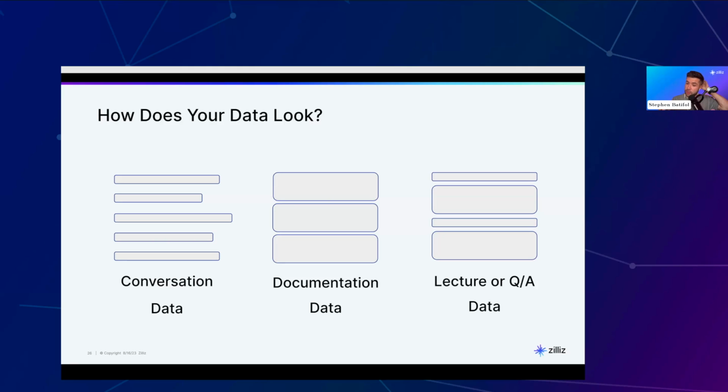Same for lecture or Q&A. If it's Q&A data, you might have at the beginning of the sentence something like "question" and then the actual question, and same for answers. So it would probably be a good idea to have chunks that are divided by question and answer. So you don't have to do every 256 characters, for example.